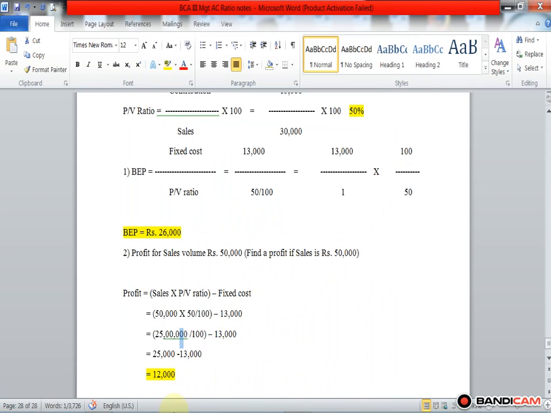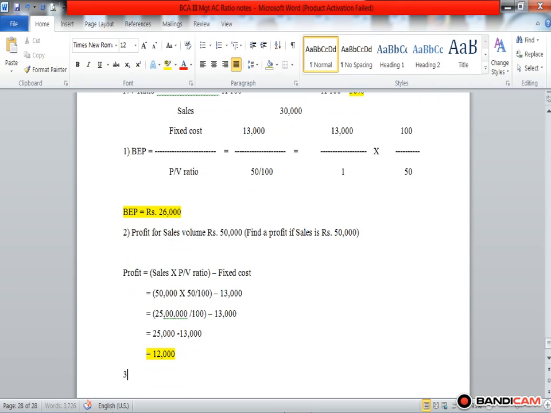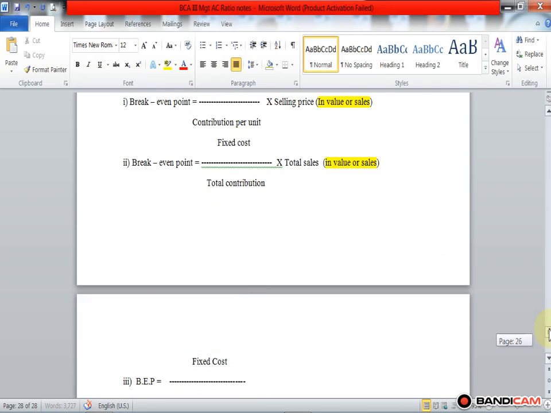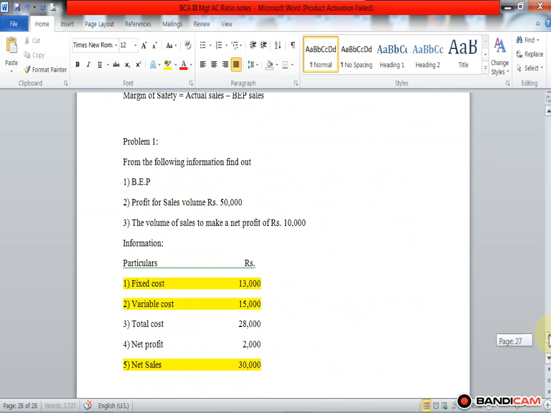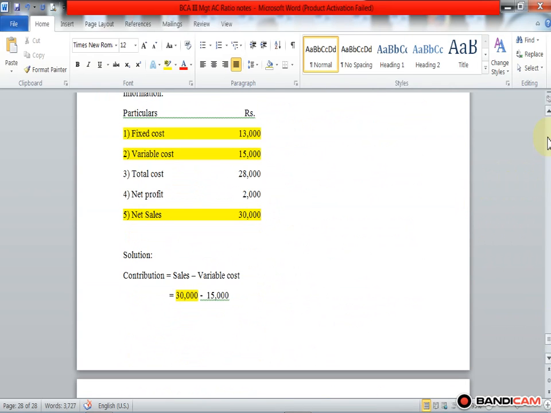Now we solve the last, third point: the volume of sales to make a net profit. To find the sales if net profit is rupees 10,000.